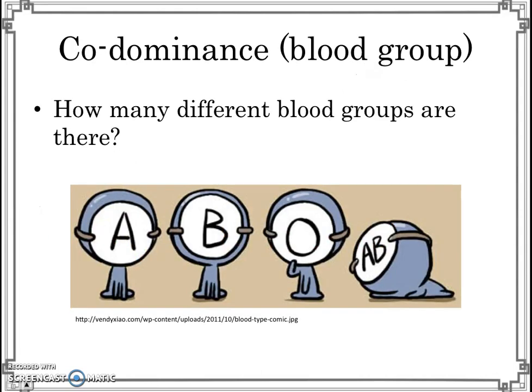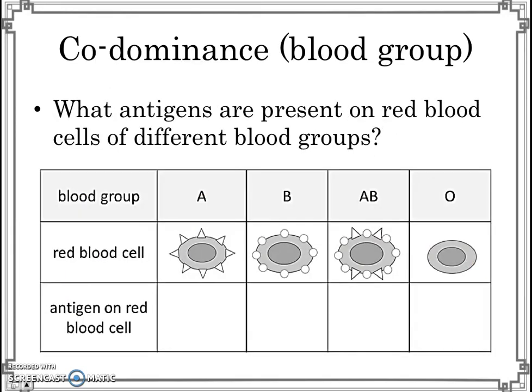So to begin with, we know that there are 4 different blood groups in humans: A blood type, B blood type, O blood type, and AB blood type. So hopefully you can recall that there are different antigens present on the red blood cells of each blood group. For A blood group, the red blood cells have A antigen on their surface.